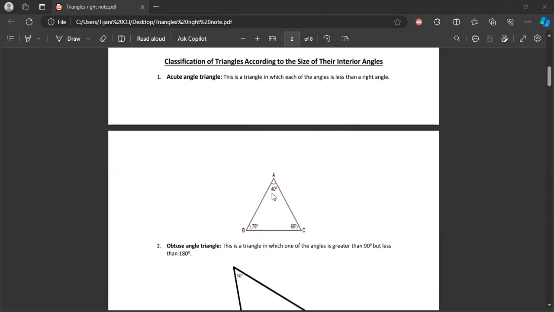This angle is 40 degrees, this is 75, and this is 65 degrees. Each of these angles is less than 90, so this triangle is an acute angle triangle.